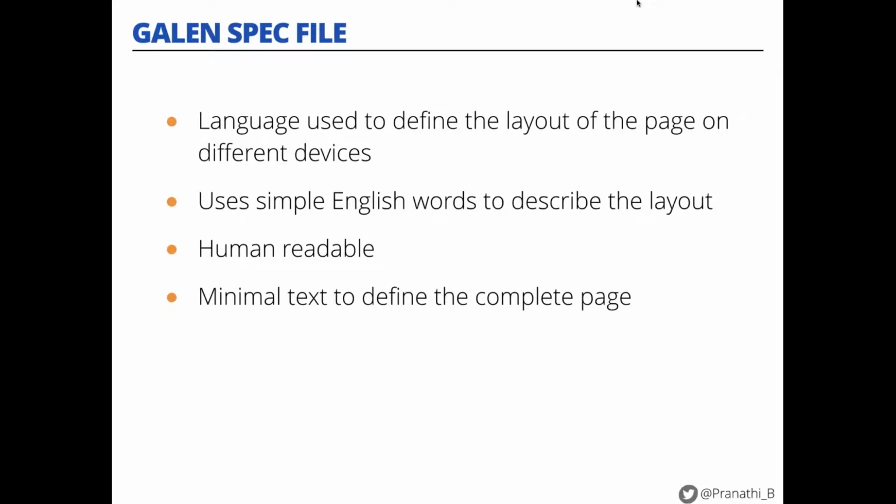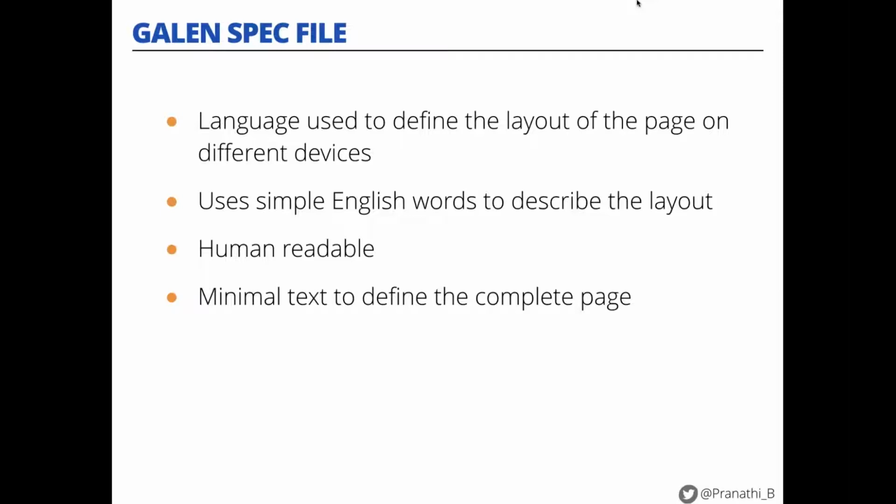So you define the layout of each and every element on your website, and you put that in the spec file. And this is pretty easy. The spec file is written in simple English, so it's easy to put in place, easy to read, and easy to understand. Also, it's very simple to write because it uses minimal text.